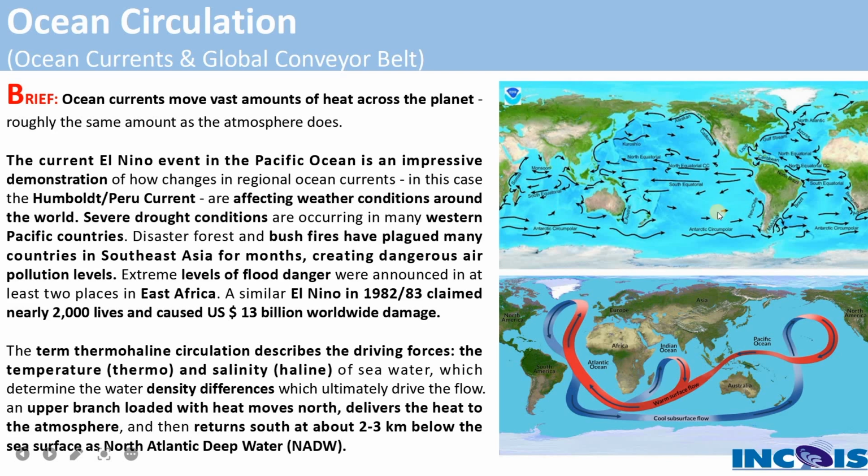This shows how changes in ocean currents impact our climate and regional climate, marine and atmospheric, with inland effects as well, right? In this El Nino event, there is a change in the Peru current that affects weather conditions around the world, like severe drought conditions in many Western countries, and forest bushfires that have plagued many countries in Southeast Asia for a month, in fact creating dangerous air pollution levels as well.